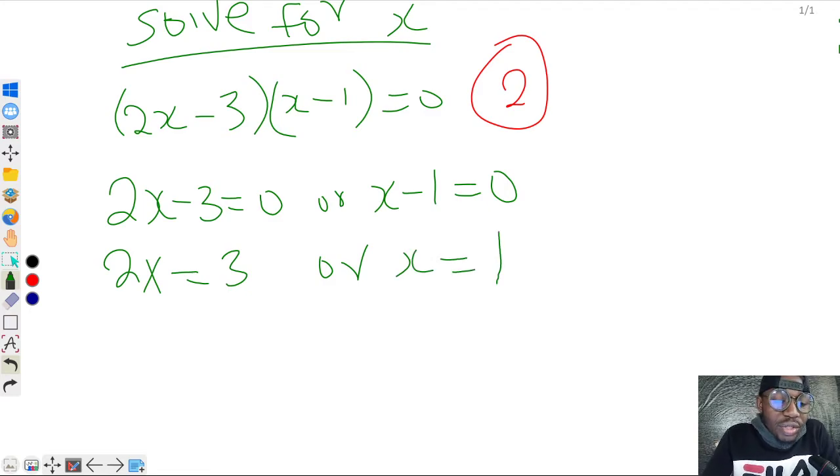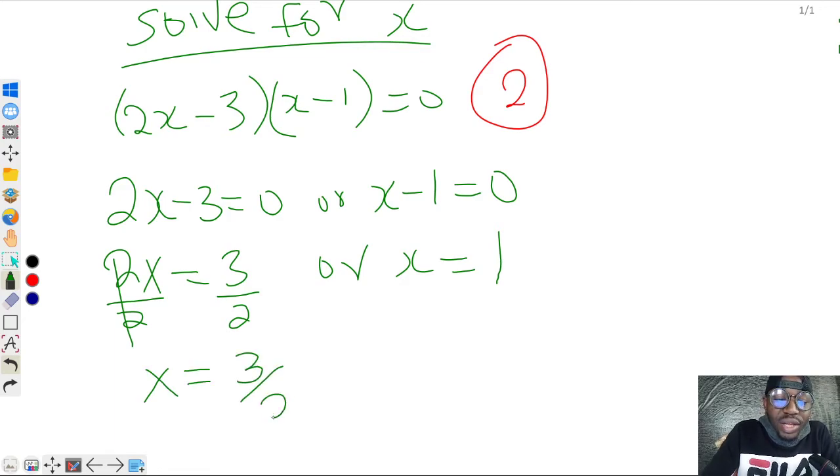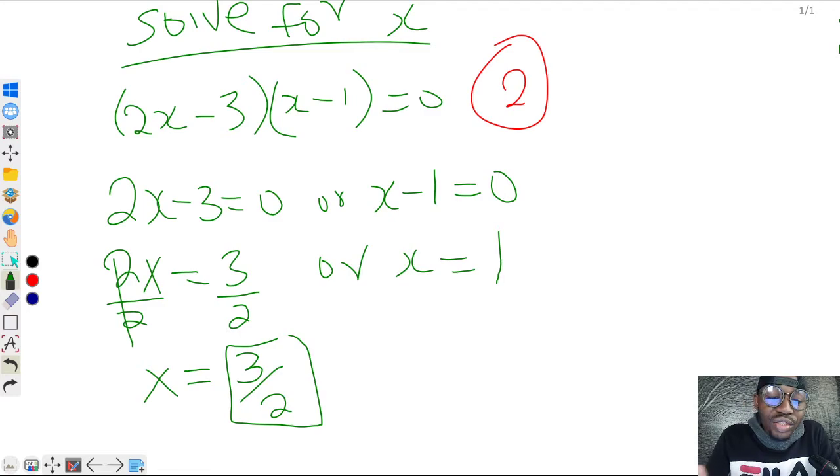So that is perfect. Let us deal with this, right? The 2 divide each other, remain with 1, multiplied by x remains x, and then this is our answer. We cannot reduce it any further, but if they say write it in decimal, then you have to change it to decimal. But in this case, we're going to leave it just like this.